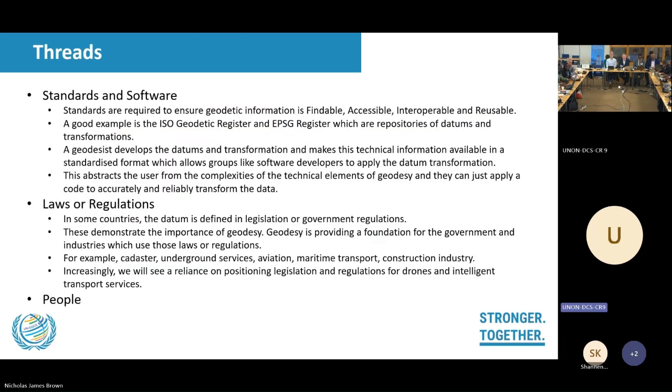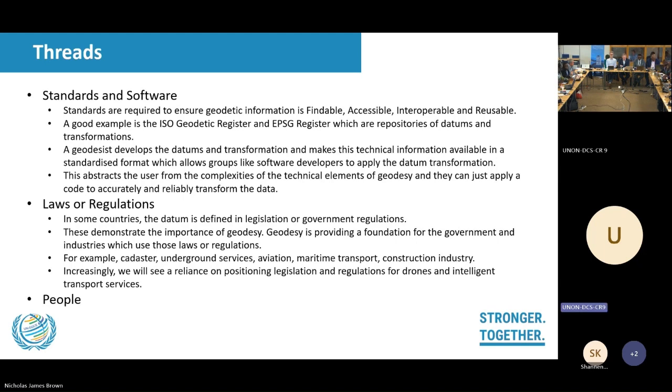Importantly, there's not just those technical parts. There's not just the models, not just the datums, but we also need these threads that run throughout it. And that's the standards and the software. That's a very important part of your geospatial reference system in your country. You need to make sure that you have the standards required to ensure the geodetic information is findable, accessible, interoperable, and reusable.